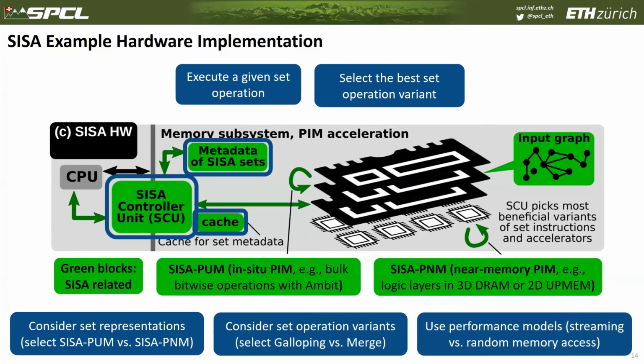You can check details in the paper, but we provide performance models based on the fact that merge-based intersection and other set operations are mostly streaming related, while galloping operations are mostly dominated by random memory accesses. Based on this, we provide the estimation of the runtimes of these operations and help the SCU make the right decisions for where to run these operations.